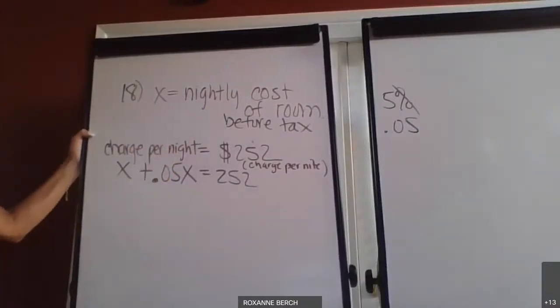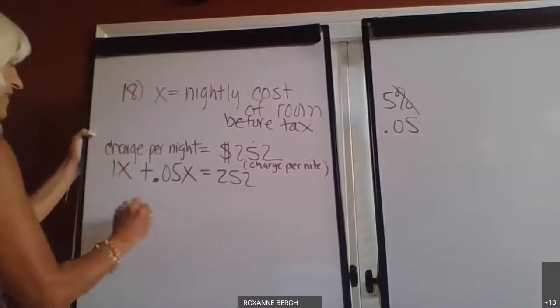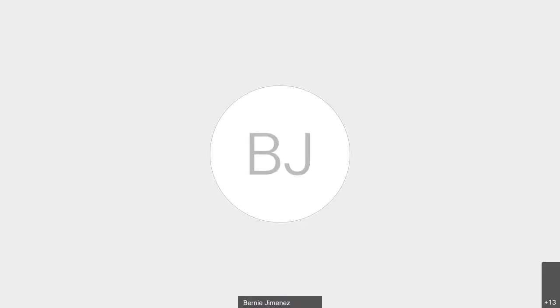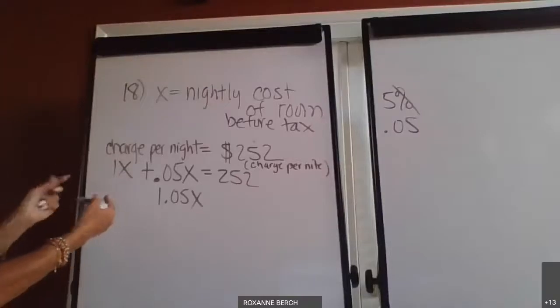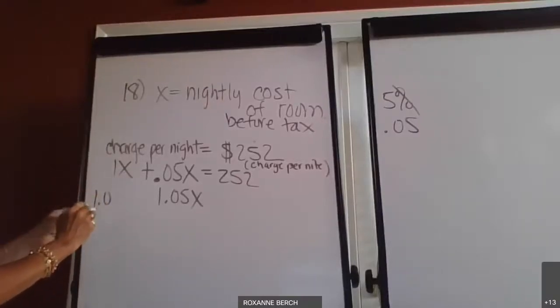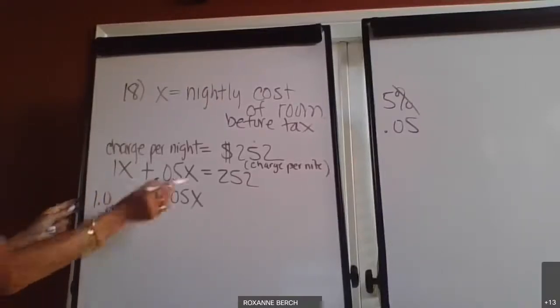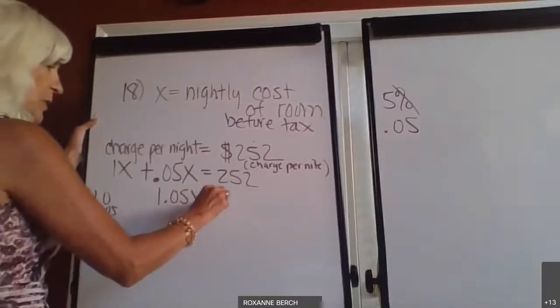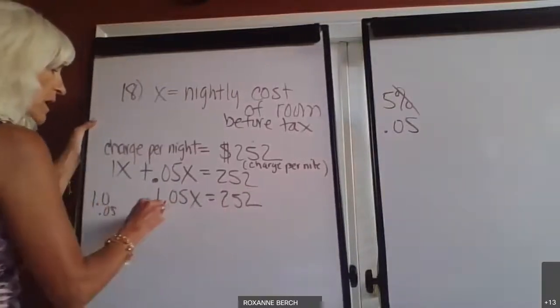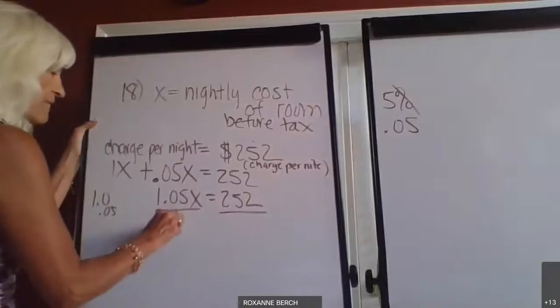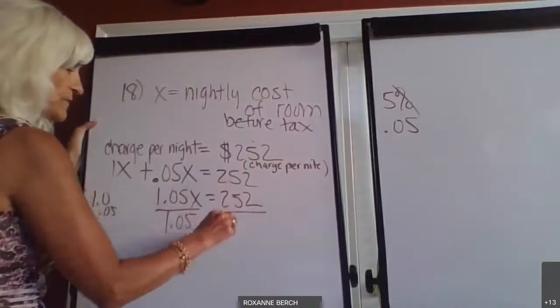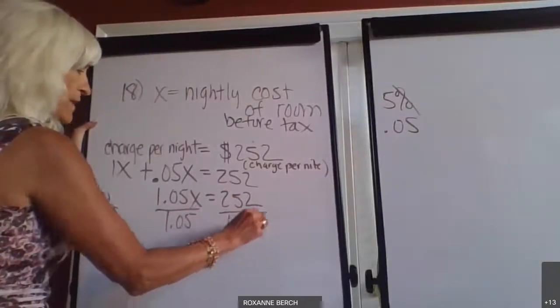Yeah, I understand. All right, so we're going to add this: 1.05. Now remember, when you add decimals, you have to line up the decimals. So 1.0 plus 0.05 is 1.05x equals 2.52. And so when you solve for this, what's 2.52 divided by 1.05?